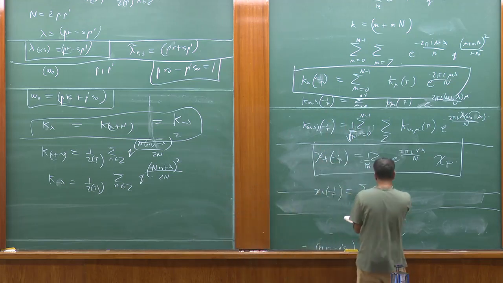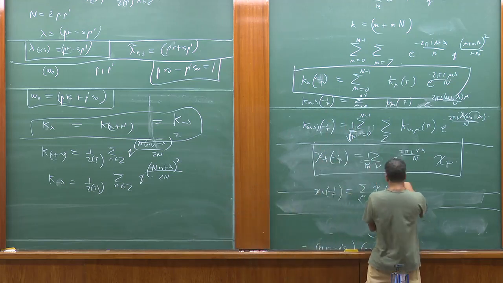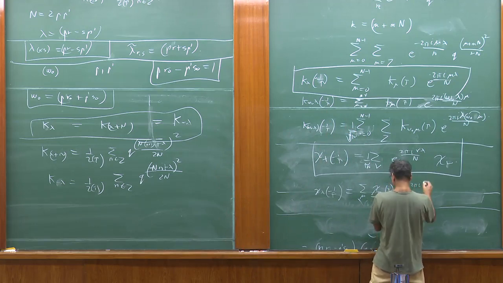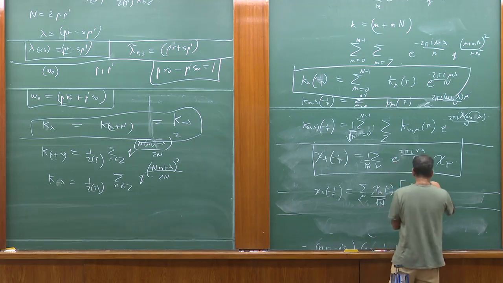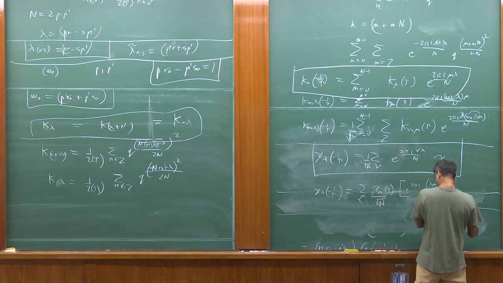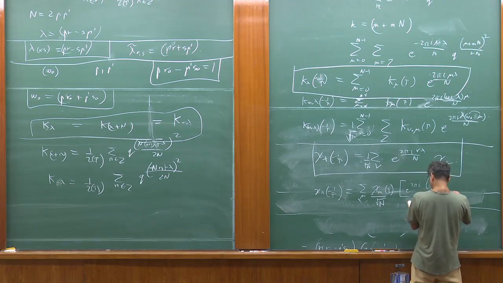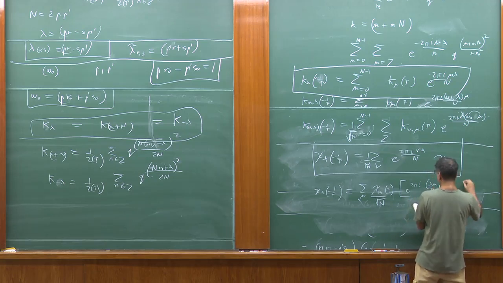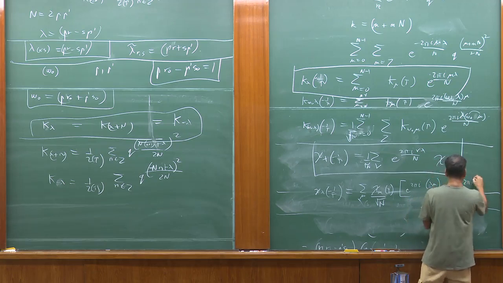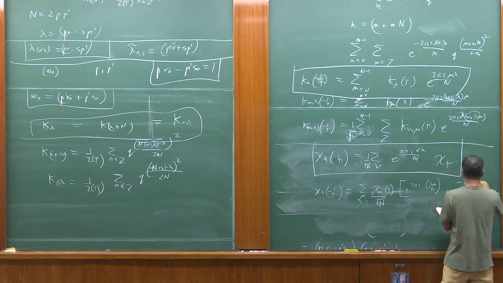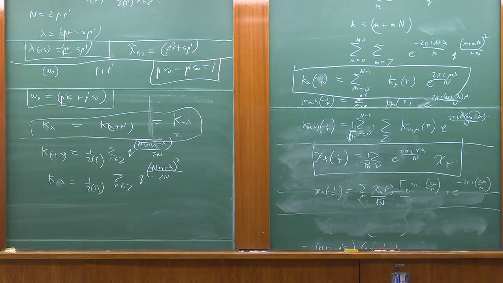So this 1 by square root n times e to the power 2 pi i lambda mu by n, and then plus e to the power minus 2 pi i lambda mu by n. This came from lambda going to minus lambda.